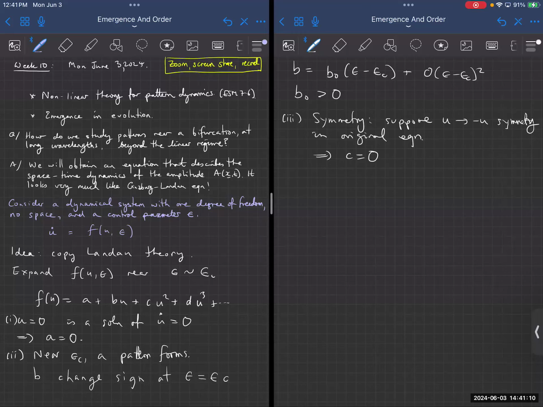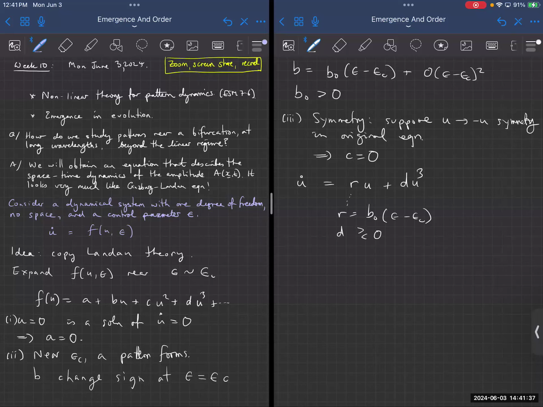And so if we put all these things together, the generic equation should be of the form U dot equals RU plus DU cubed, where this coefficient R is equal to B naught times epsilon minus epsilon C. And D, we haven't specified whether it's positive or negative at this point.